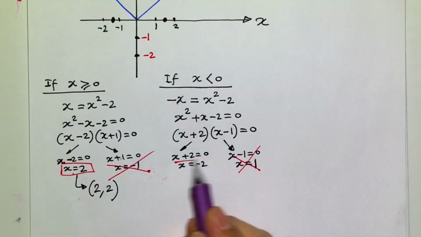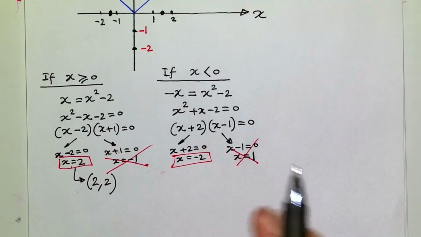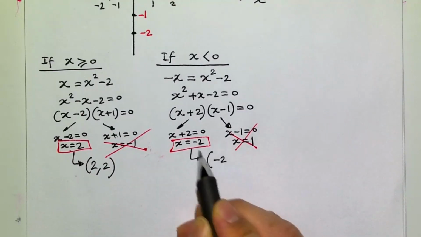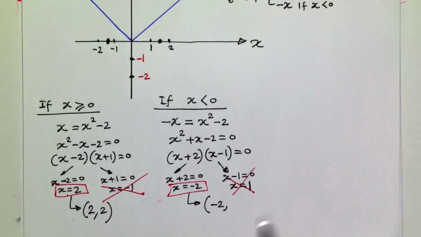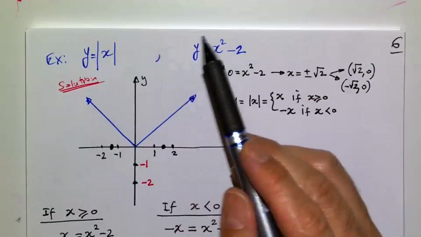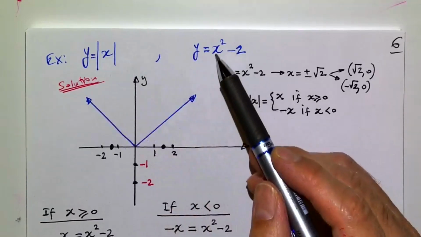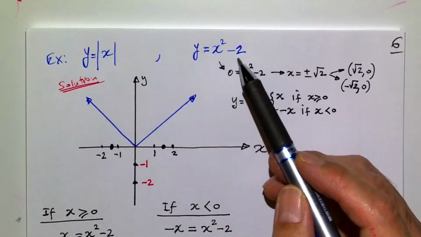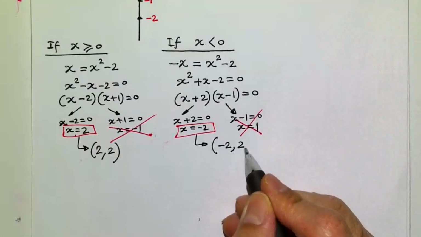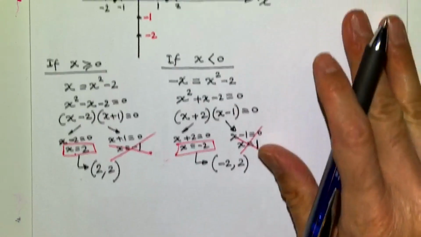Then if you plug in negative 2 for x in either of these functions, what do we get? We get y equals 2 again: negative 2 squared is positive 4, minus 2 is positive 2. So negative 2 comma 2 is the intersection point on the other side of the graph.